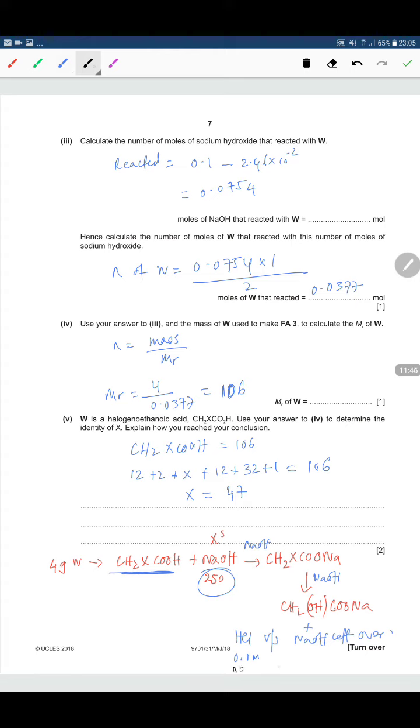Once we have the number of moles of sodium hydroxide, remember this is in 25, so we get the number of moles in 250, 10 times more. Once this is over, we get the number of moles of the acid, which is a factor of half. Once we have it, we get the mass and the MR. From the MR, we get the value of X. Voilà. So I hope it is easy and you can complete it.